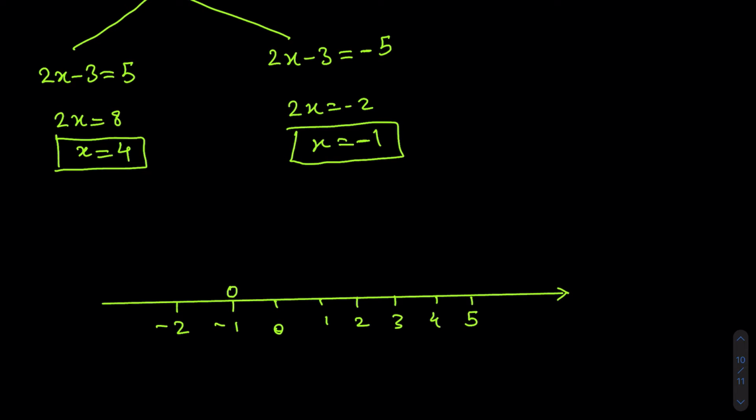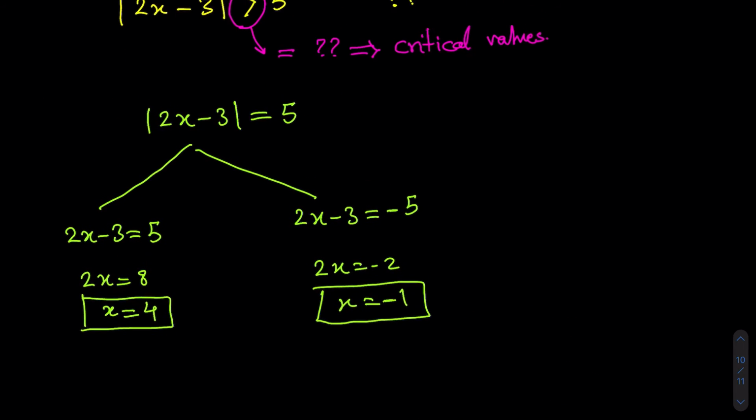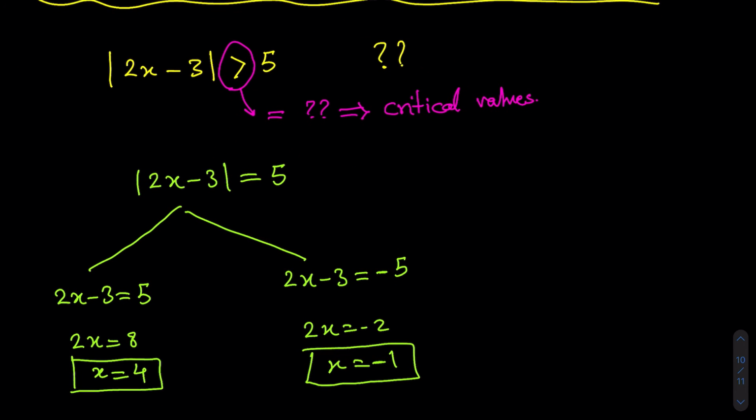So this is one and this is the other. They are not included in the answer of this inequality, and to make sure whether they are or not, we can check them and see if they satisfy the original inequality or not.